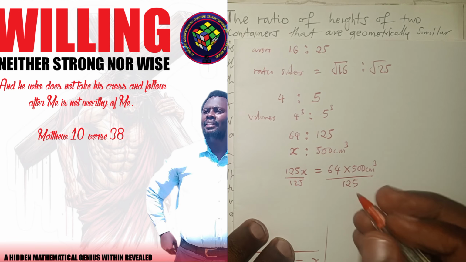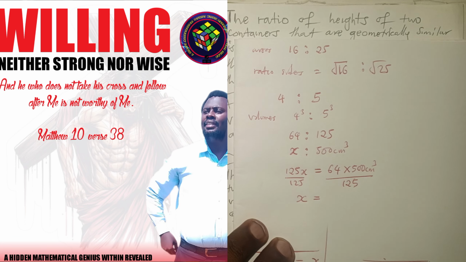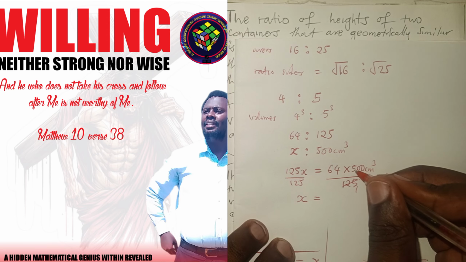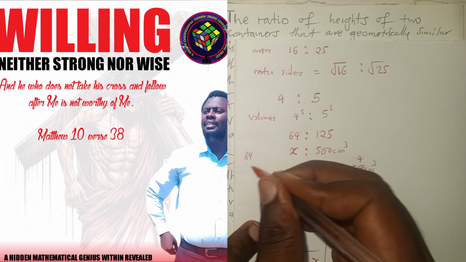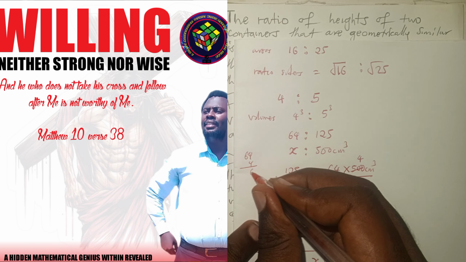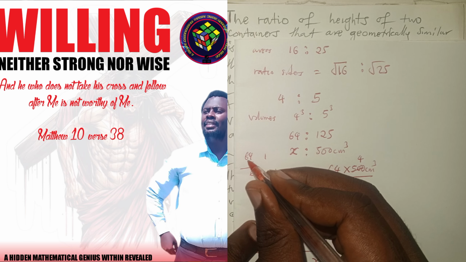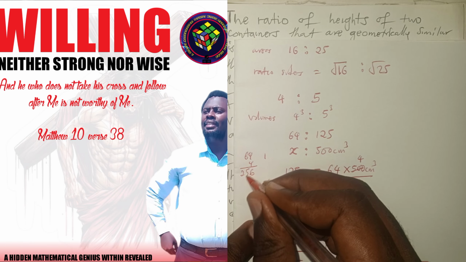So 125 and 125 cancel out, and we remain with x is equal to, 125 can go in 500 4 times. So what is 64 multiplied by 4? 4 multiplied by 4 is 16, 6 carry 1, and 4 multiplied by 6 is 24, plus 1 you get 25.